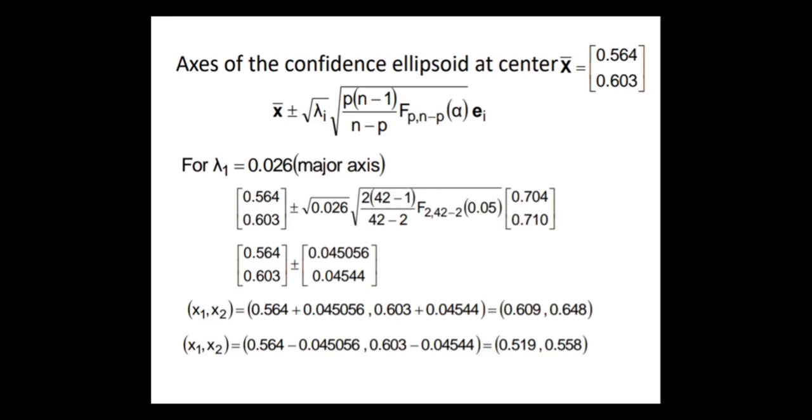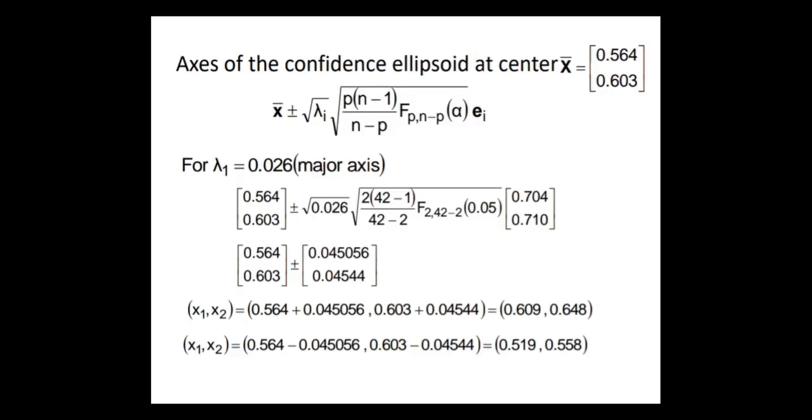Okay, so just replace using the formula here, square root of the eigenvalue, and this is the corresponding eigenvector. So when you have solved here, you will get two coordinates, 0.609 and 0.648.